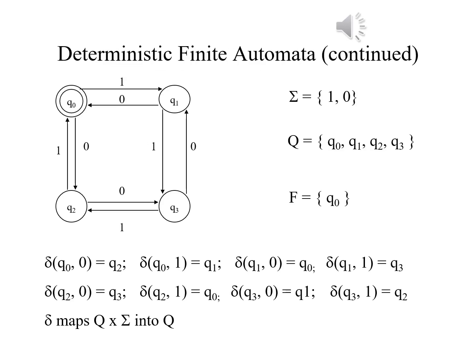Here you see an example of a deterministic finite automata. Q are the 4 states we have here: Q0, Q1, Q2, and Q3. Sigma is our alphabet. In this instance, just 1s and 0s. Our final state here is Q0, which is also our initial state.